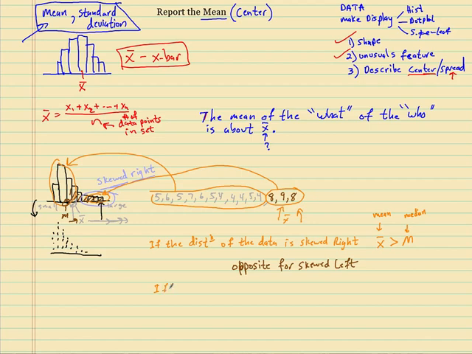So if the distribution of the data, try to practice a skewed left. See if you could draw a skewed left. Okay, then the X bar will be less than the median, because it gets pulled.